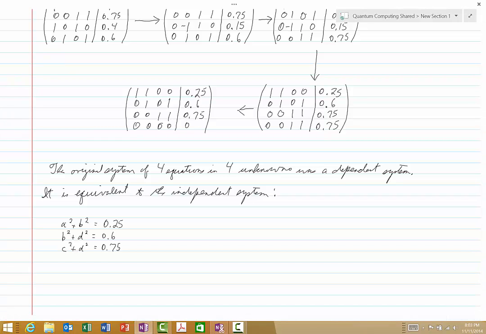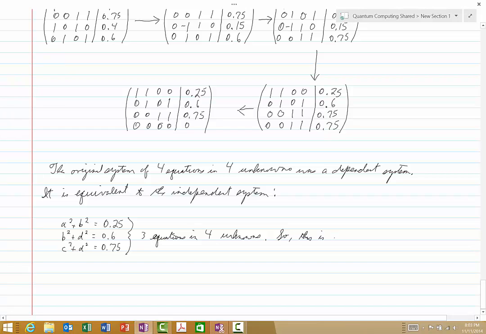Which, of course, is 3 equations in 4 unknowns. So this is not enough.